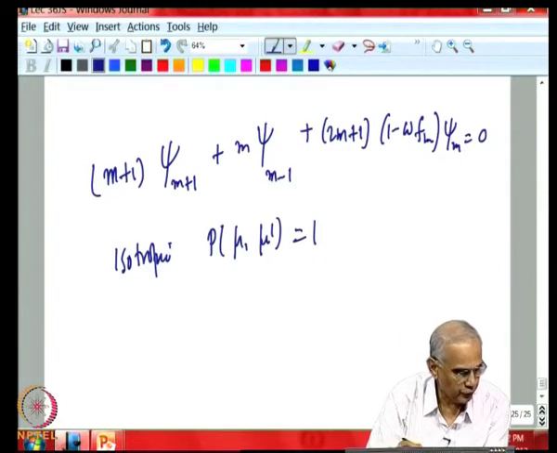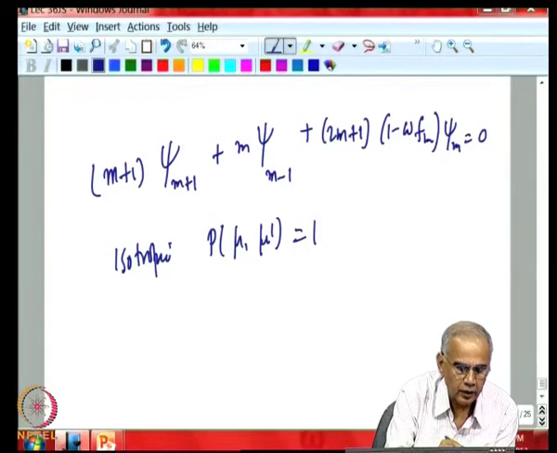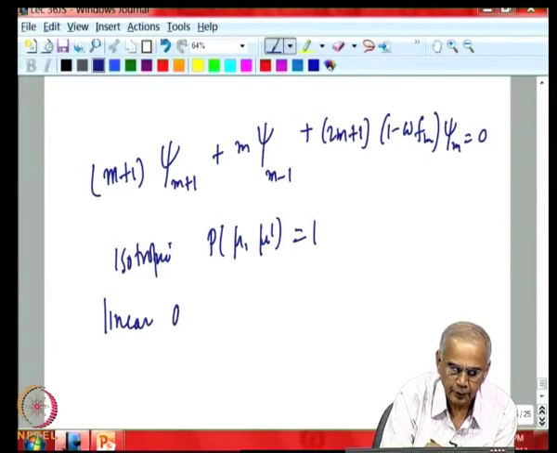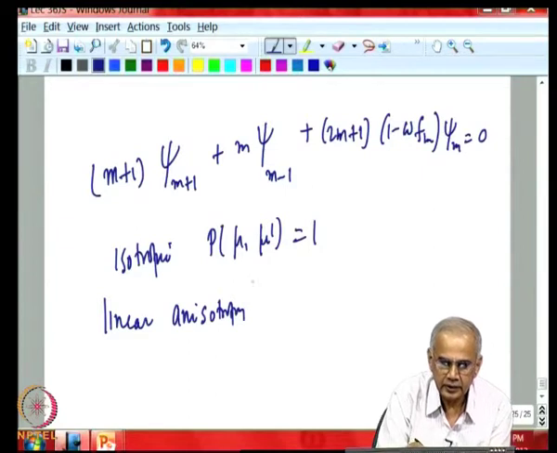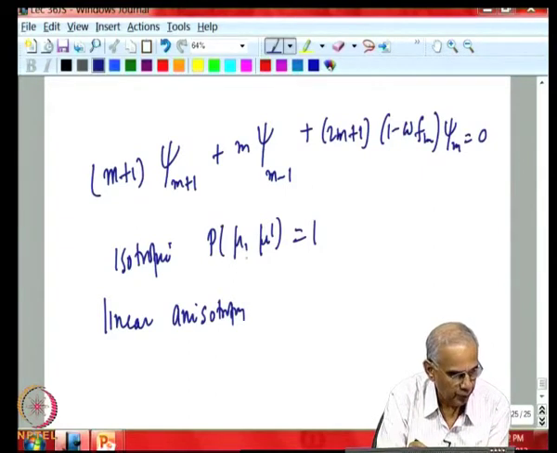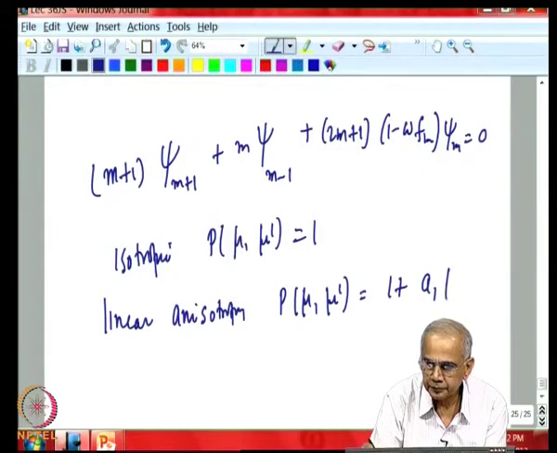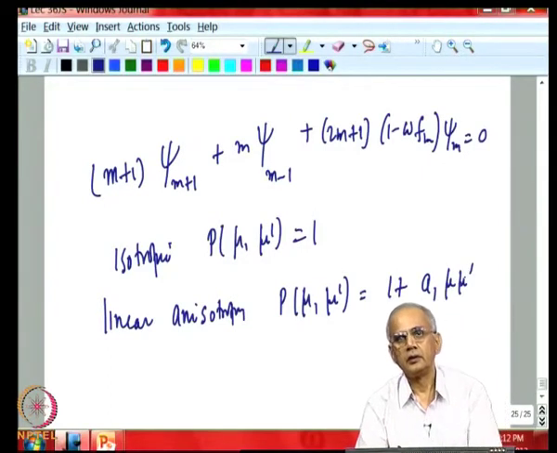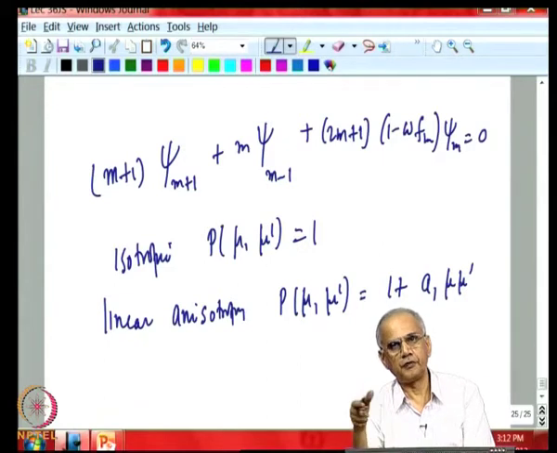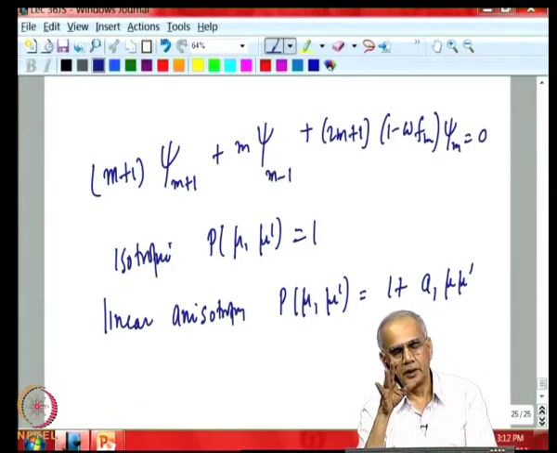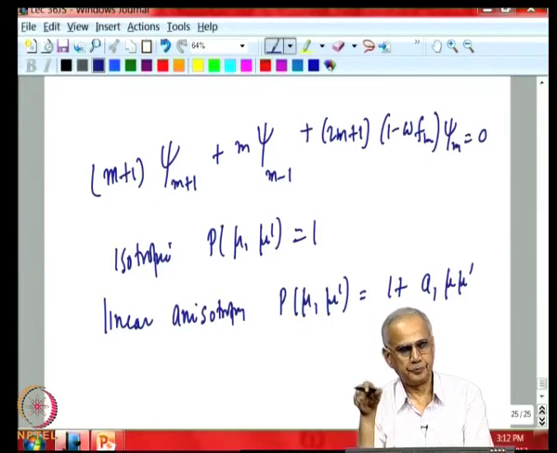But if you go for linear anisotropy, that is, this is depending on mu and mu prime, but in a very simple way. The simplest function one can assume is of this kind. This is called linear anisotropy, a very simple function which takes into account the departure of the phase function from isotropy.